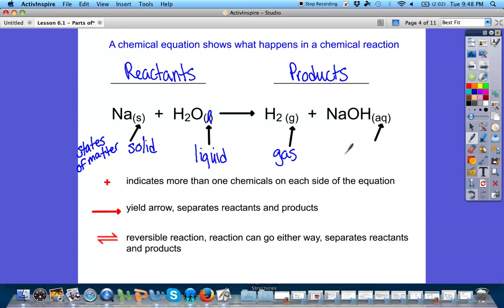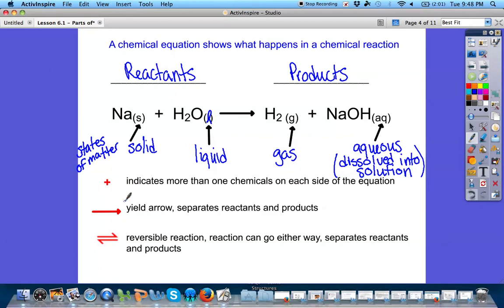And then we have AQ. And AQ means that it is aqueous. This means that it is dissolved into solution. So anytime you hear that you have a solution, it's going to be aqueous.